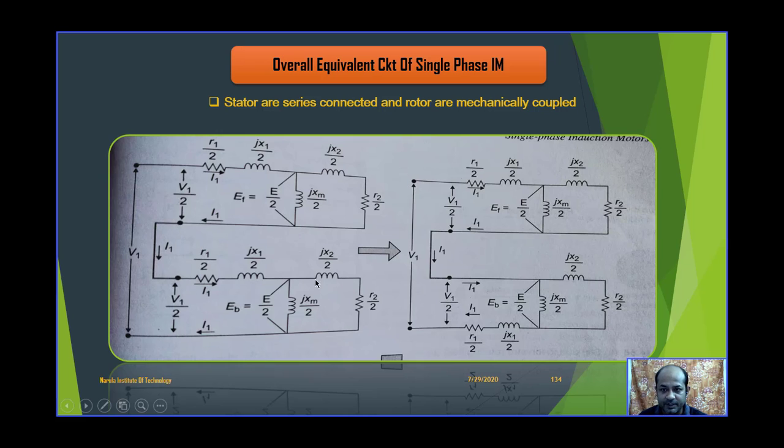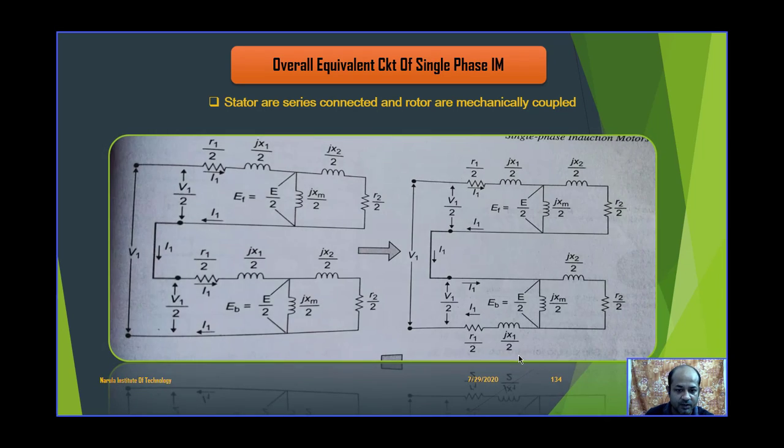So we have made a series connection of the two circuits and rearranged it this way, where the upper parameters come here and the rest remains the same. Later we add up these two series parameters: R1 by 2 plus R1 by 2 becomes R1, and jX1 by 2 plus jX1 by 2 becomes jX1.